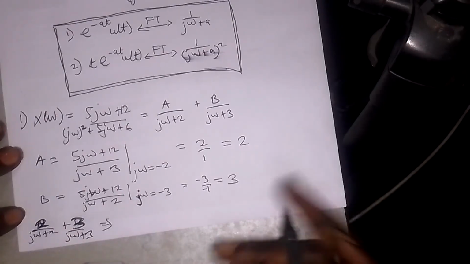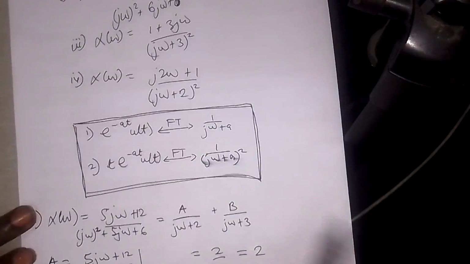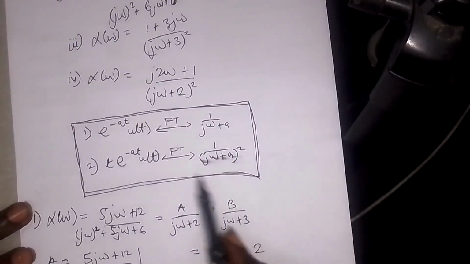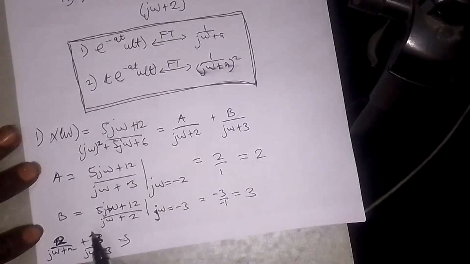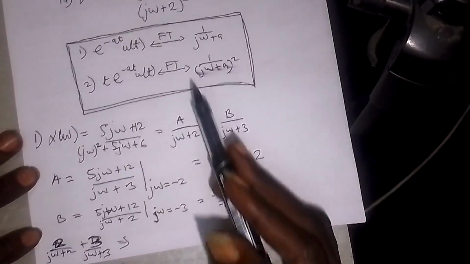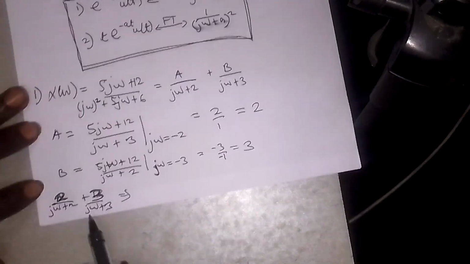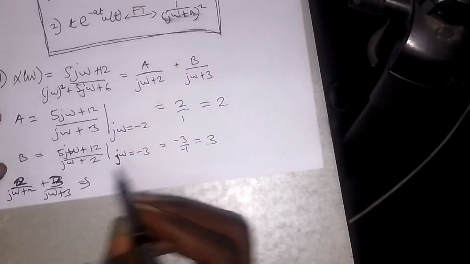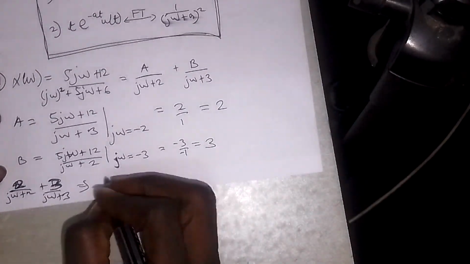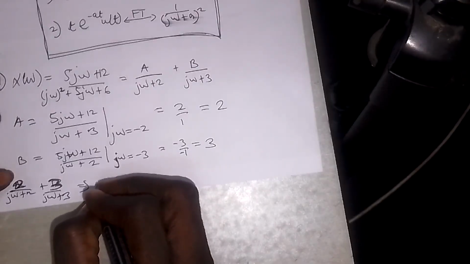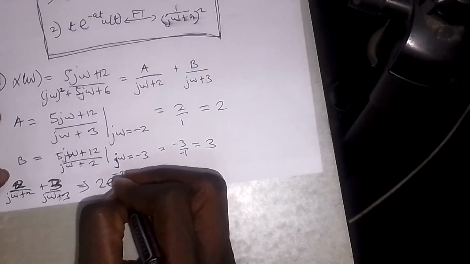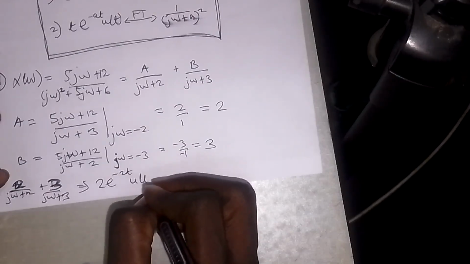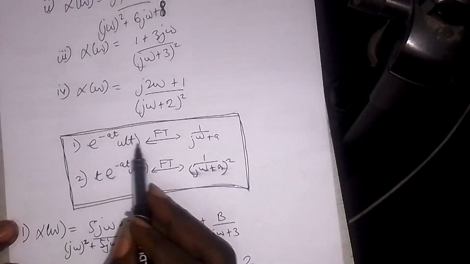with respect to this equation, because from this equation, what you can see is that this part is the same as this one, and this part again is the same as this one. So I can just take the inverse Fourier transform. In that case, I will get 2e to the minus 2t times u of t, which is just like this place.